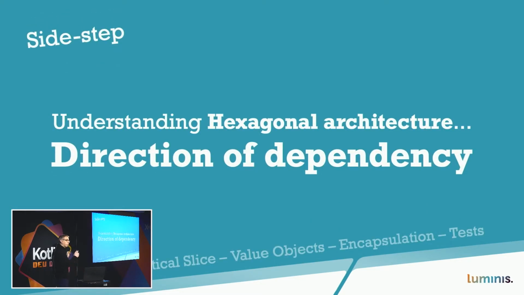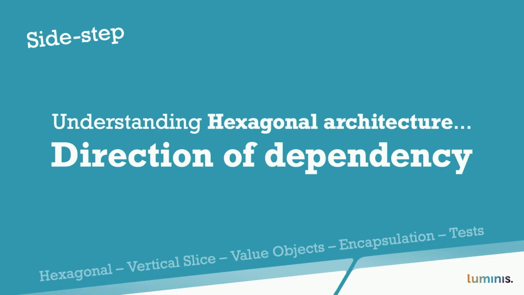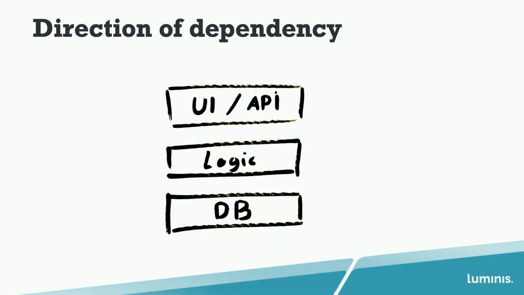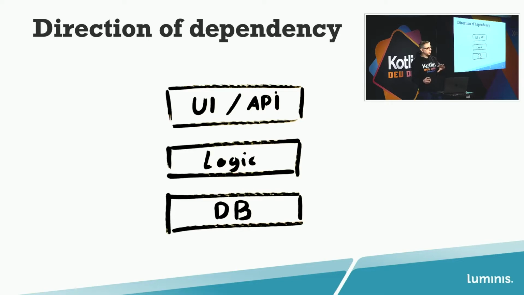So I want to talk about hexagonal architecture, but before we do that, we have to make a side step. We're going to go into the direction of dependency, because this is something you'll have to understand. So let's take a traditional 3-layer architecture. An architecture like this is not about the 3 layers, to be honest. It's about the direction of dependency.